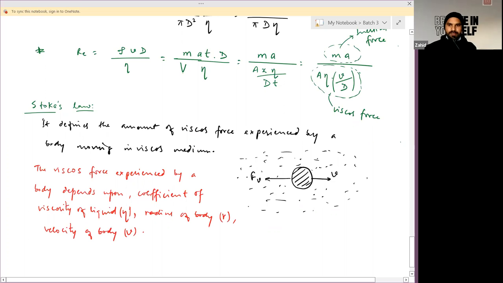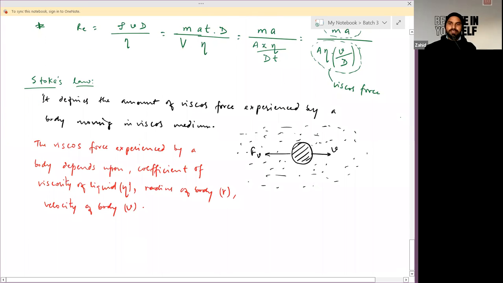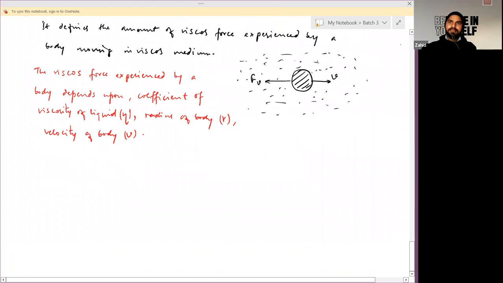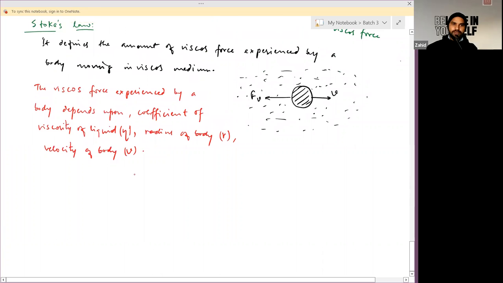So on the basis of this dependency, we can write according to the dimensional analysis concept: viscous force equals some constant k times eta to the power x, radius to the power y, and velocity to the power z. So this will be a general empirical relation between these terms.